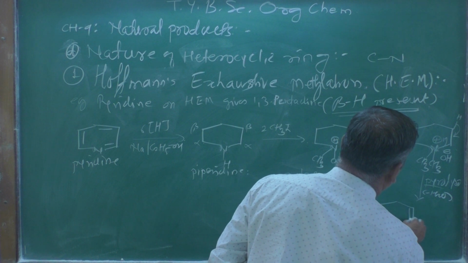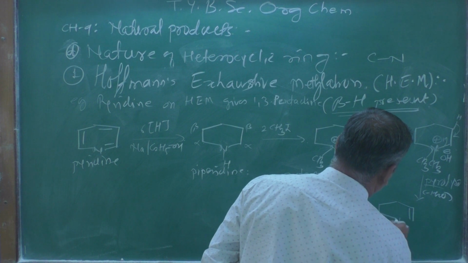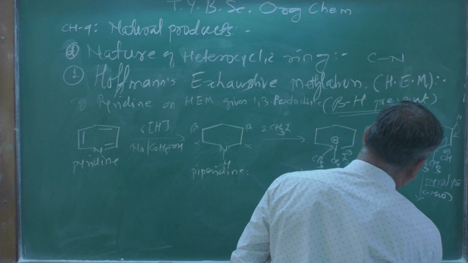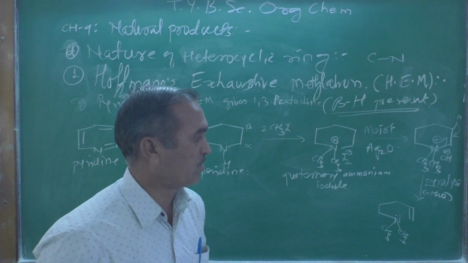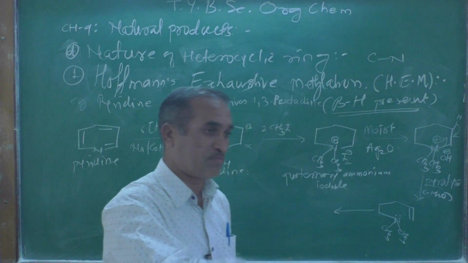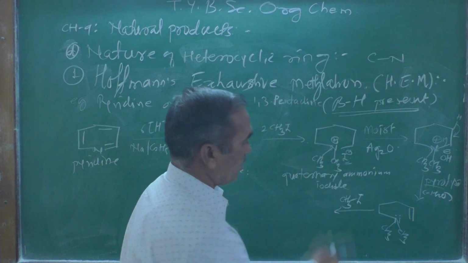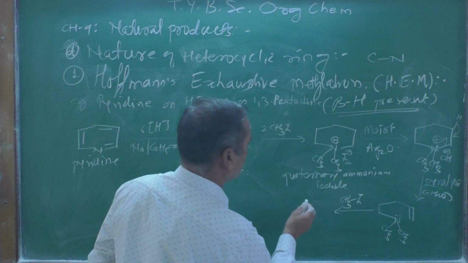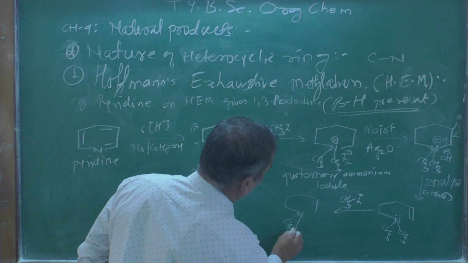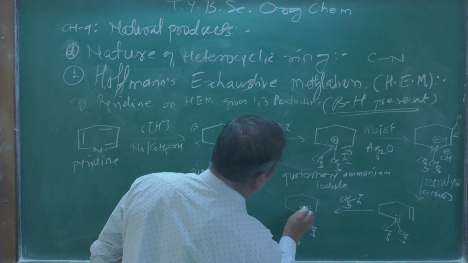You are going to get a double bond, and the other part of this molecule is nitrogen with these 2 methyl groups. If you observe this, it is still a tertiary amine group, and since we are using excess methyl iodide, another methyl iodide reacts with it. So here you get N with methyl, another methyl, and iodide, with a positive charge.